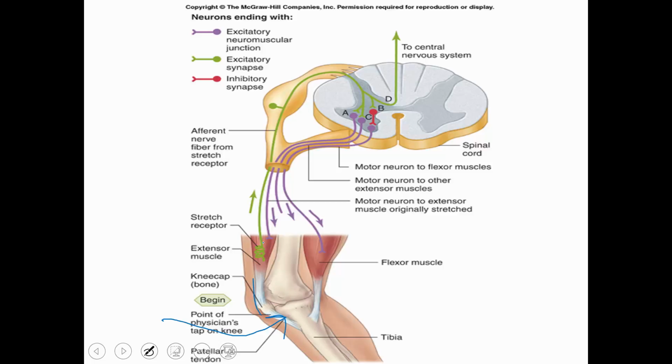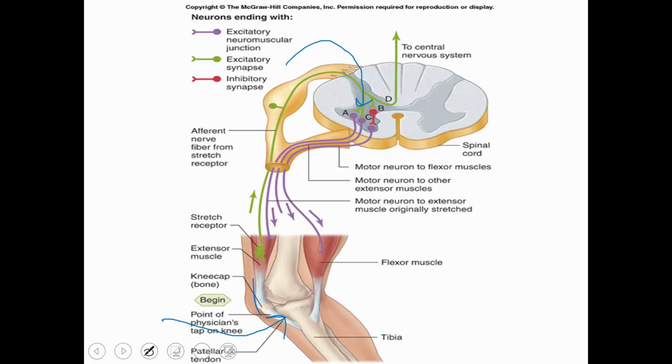And that's an artificial way of activating all of the muscle spindles, stretching all of the muscle spindles in that muscle, which sends sensory information back to the spinal cord. Synapses on motor neurons that go to the same quadriceps muscle, and you get a contraction of the muscle and the leg kicks. That's a stretch reflex.